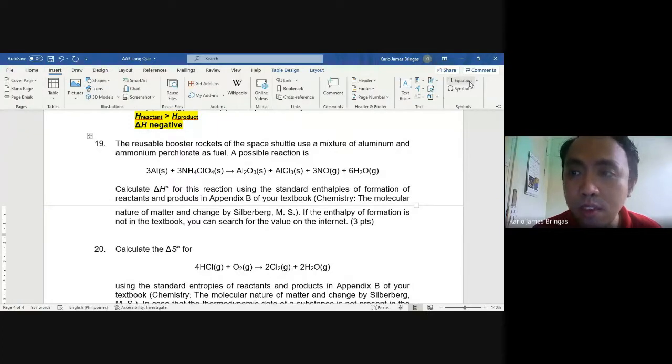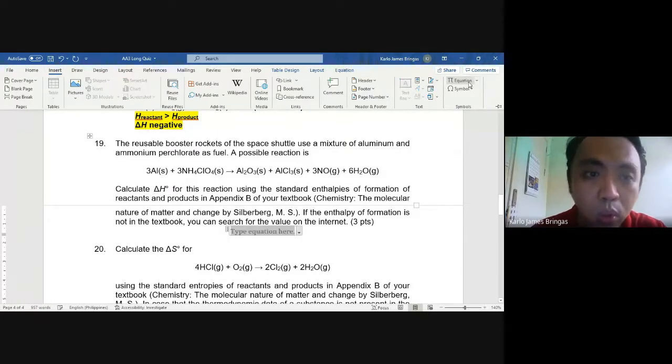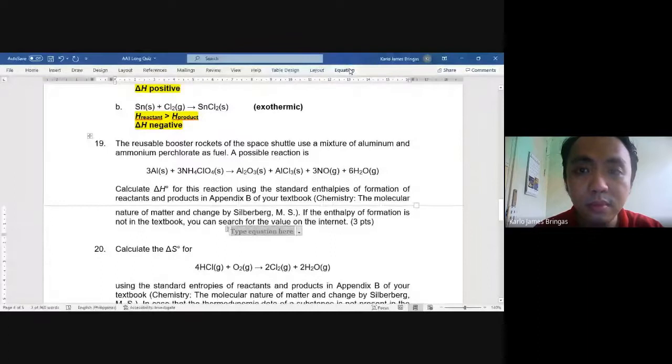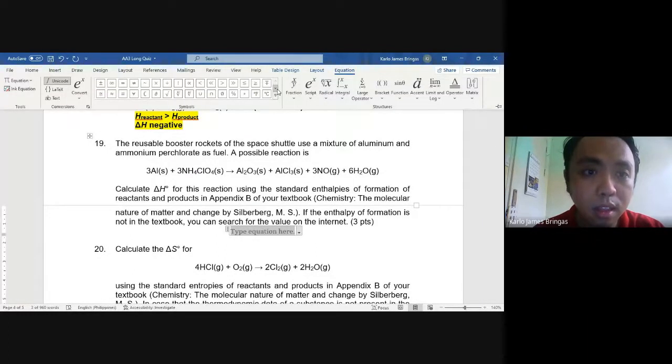So from the Hess's law, I can then compute delta H for the reaction at standard state. So this is now equal to the following.